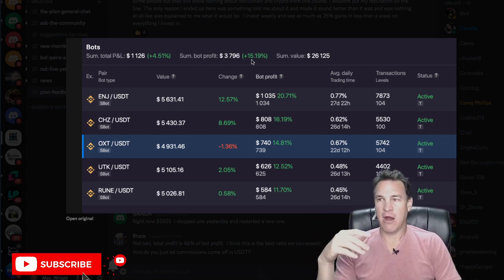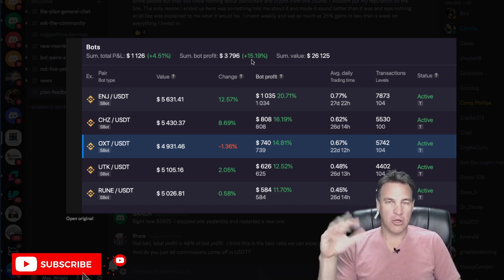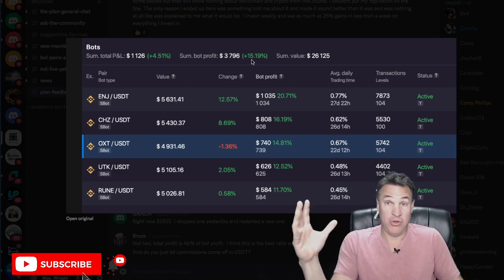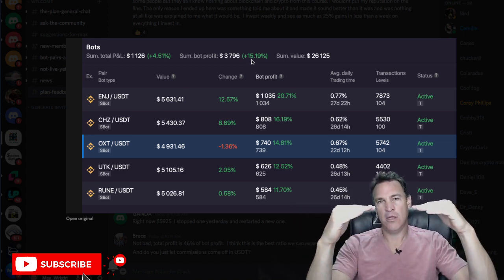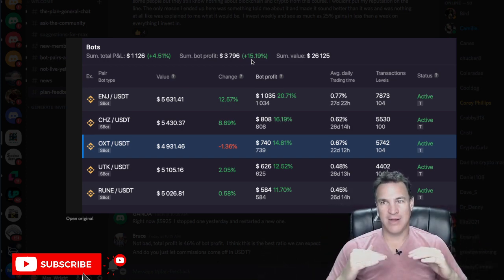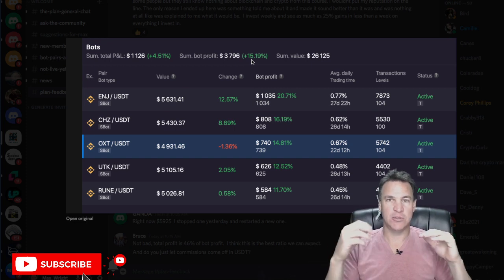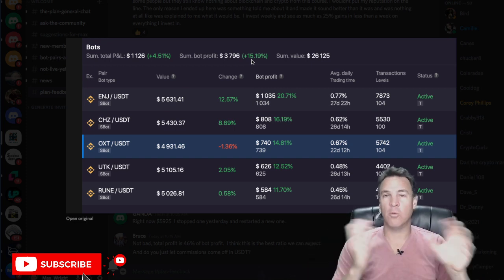Now, there are sacrifices. I don't want to paint this to be a rosy picture where everything works out great no matter what. Not quite true. There are instances where you can go through a big long bear market, where the value of the cryptocurrencies you hold goes down so much more than the bot makes that you actually lose money. That can happen, but if you were holding those coins anyway, it would be even worse.